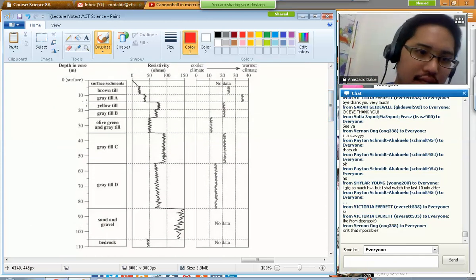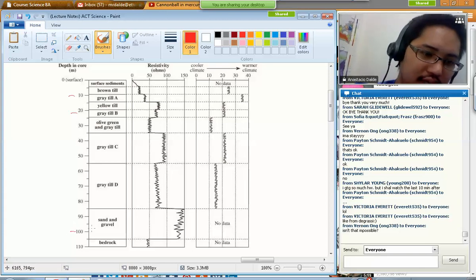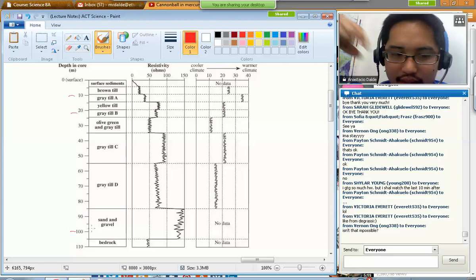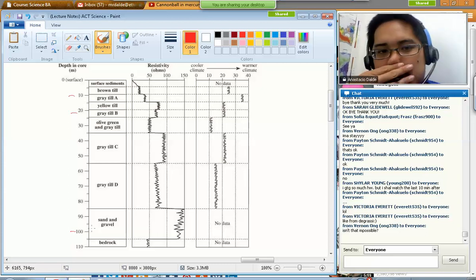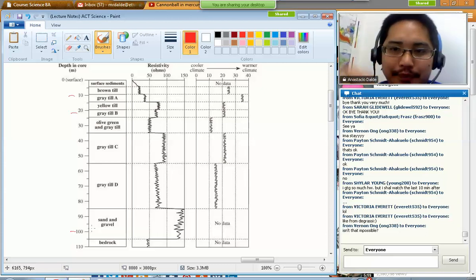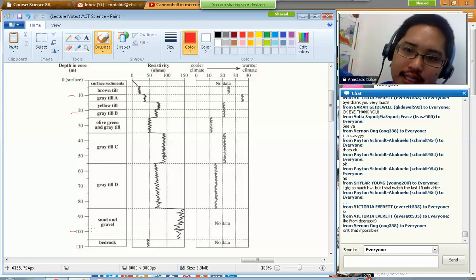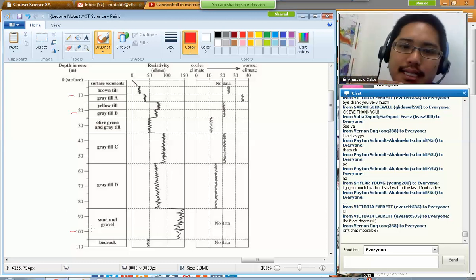So if you go 10 meters down, you'll have brown till, and then you go 20 meters down, you'll get to your gray till, and you get to 30, and all the way down to 100, and past 100. So they went all the way down to like 110 meters underneath the ground. And they basically put a drill bit that's really long and then just took that whole pipe out and are dissecting that.